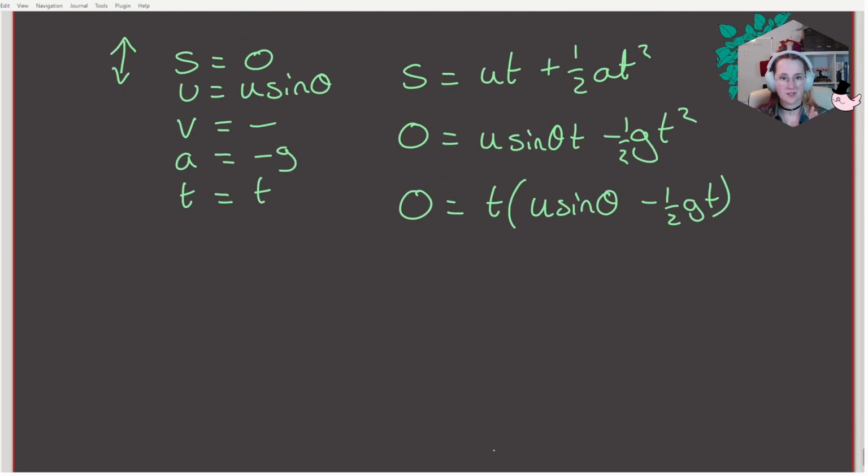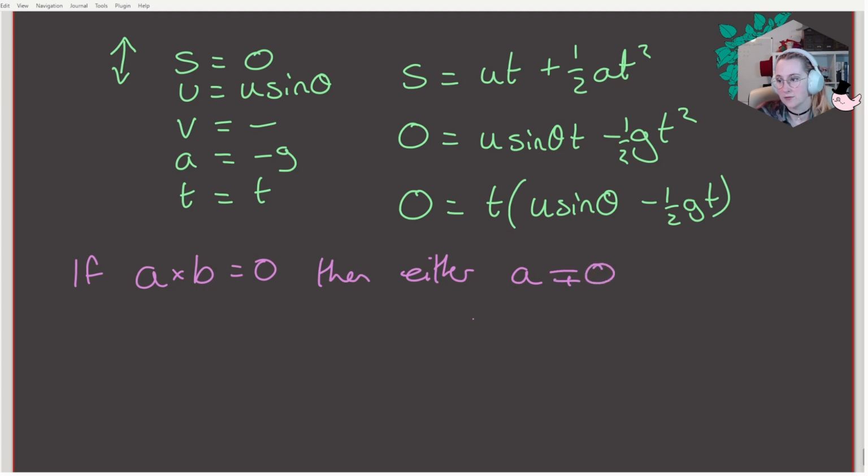So when we have this, the only way to get zero: if a times b equals 0, then either a equals 0 or b equals 0. And this is true. If two things multiply together to get 0, one or both of them must be 0.